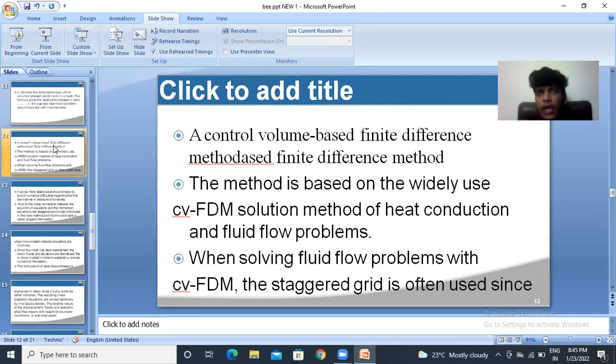So the finite difference method is used for the CVFDM solution method of heat conduction and also for fluid flow problems.